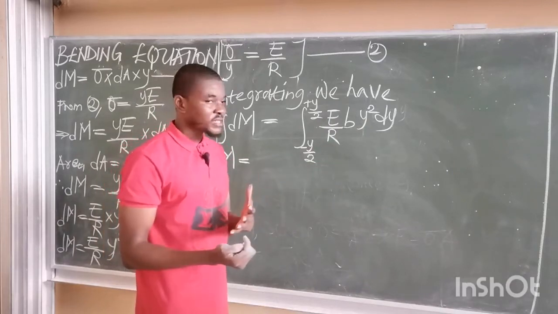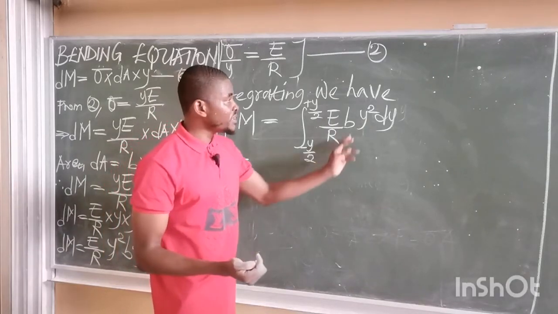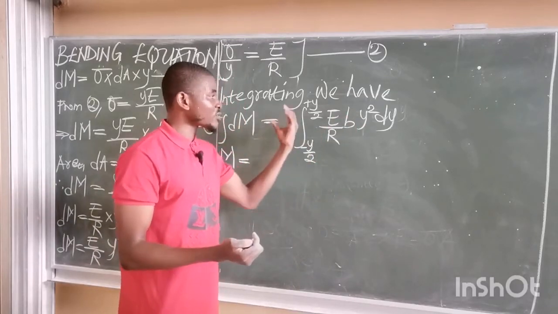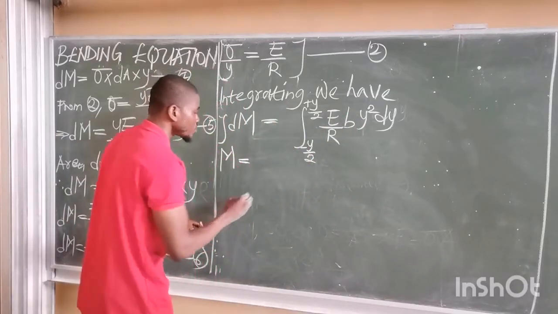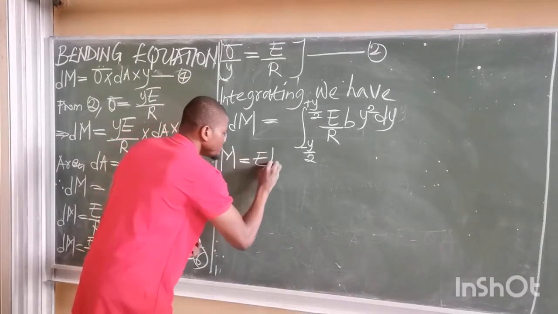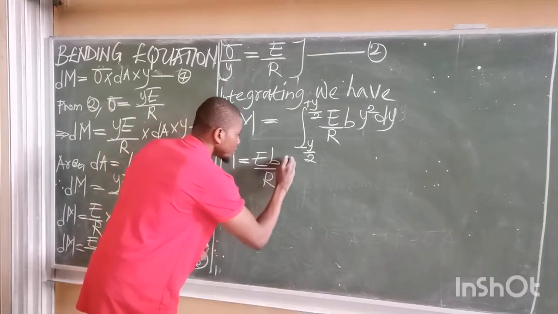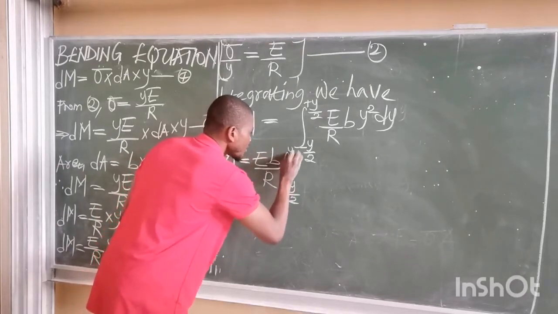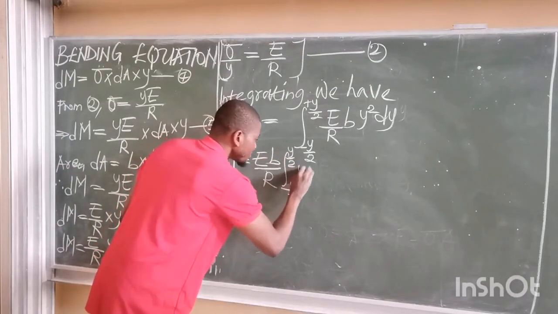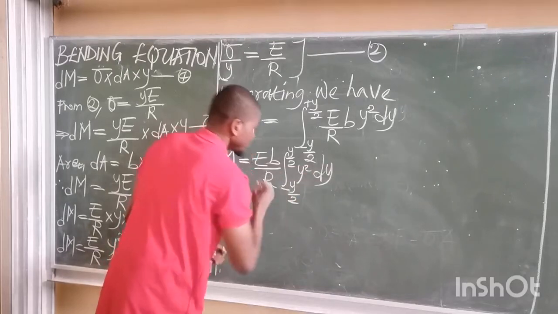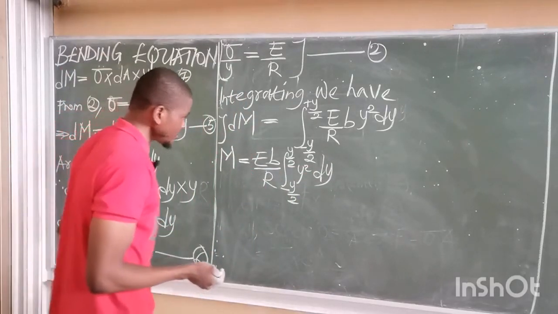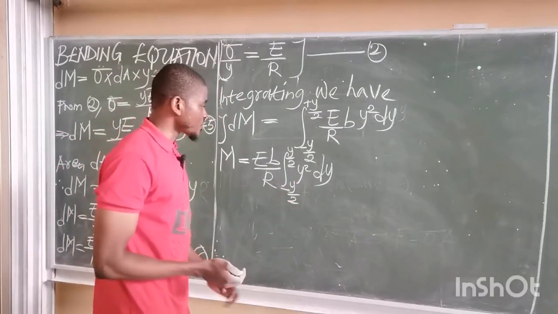Radius here is also a constant, it will definitely have a value. B here is also a constant, that's the width. So let's send this out of the integral sign. We are simply going to have E B over R, integral from minus y over 2 to y over 2. We are now left with simply y squared dy.